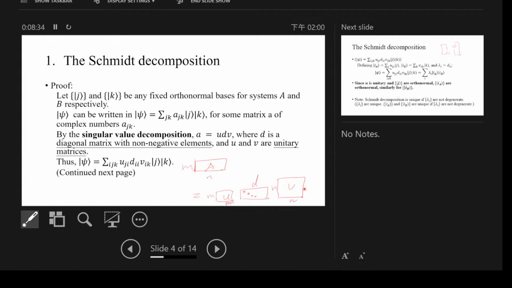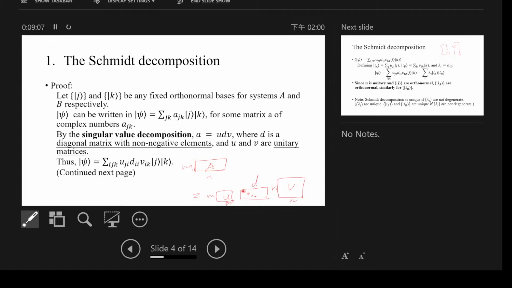It's a bit like eigenvalue decomposition, but it's stronger because you can use it on any matrix A of dimension m times n, and it doesn't need to be normal or anything. So any matrix A can be written as a singular value decomposition, where U is an m by m unitary matrix, and V is an n by n unitary matrix, and then you have this weird D matrix, which is a so-called diagonal matrix, but it's not fully diagonal.